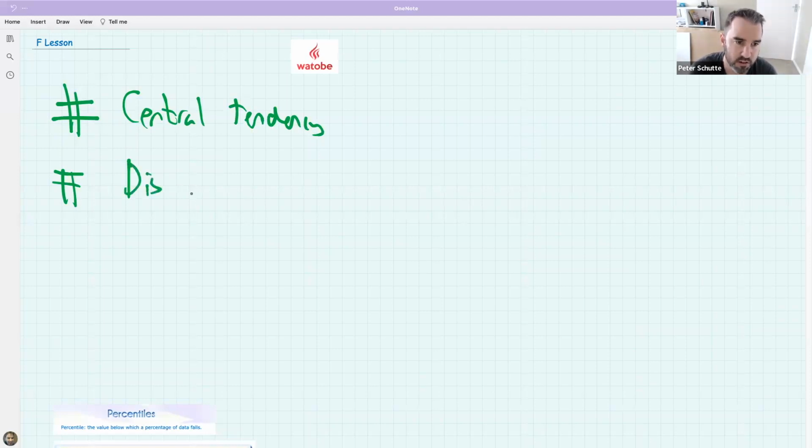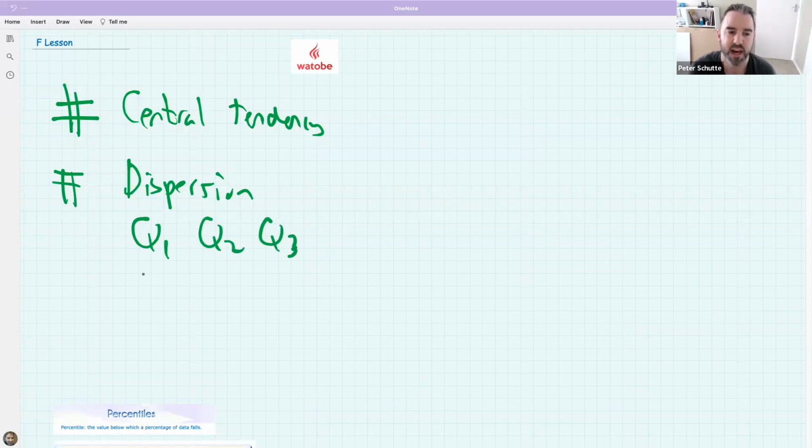Perfect. So lesson 1, we did central tendency, which was the mean, the mode, and the median. And then the last lesson, we did something called measures of dispersion, or how spread out something is. And we spoke about Q1, Q2, Q3. And we also spoke about the interquartile range, which is Q3 minus Q1.